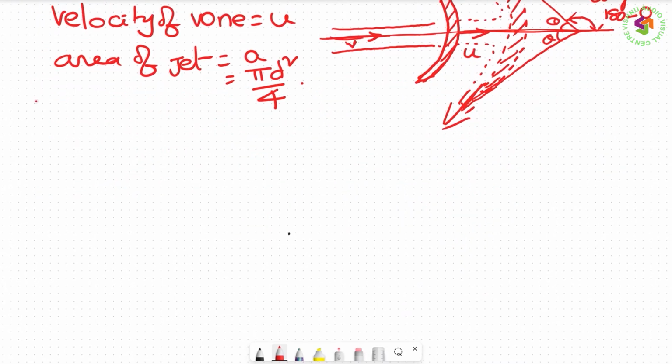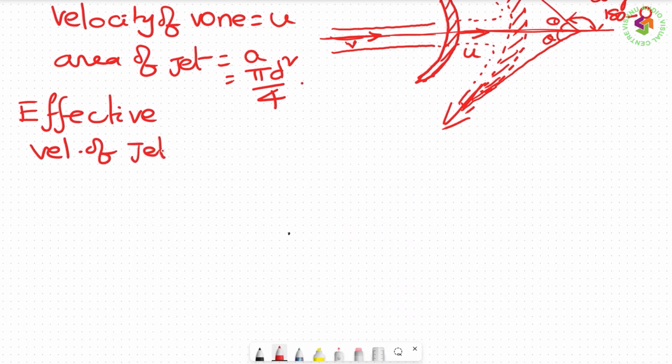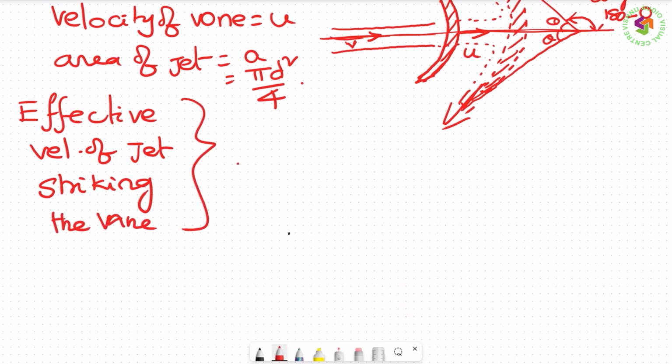So what is the effective velocity of jet striking the vane? It is equal to V minus U.